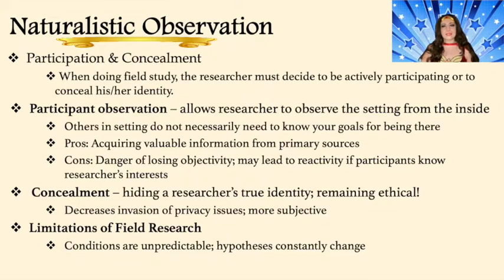One of them being that the conditions during your observation are really unpredictable because we don't have any sort of experimental control. We're sort of going out into the wild to see what's going to happen in a particular social setting. And given the way that events tend to unfold, especially if you're spending a significant amount of time in the field observing a particular group of people, your hypotheses may constantly change based on what you're seeing.